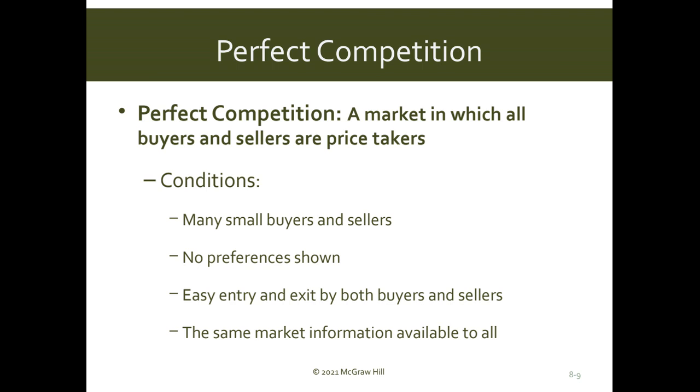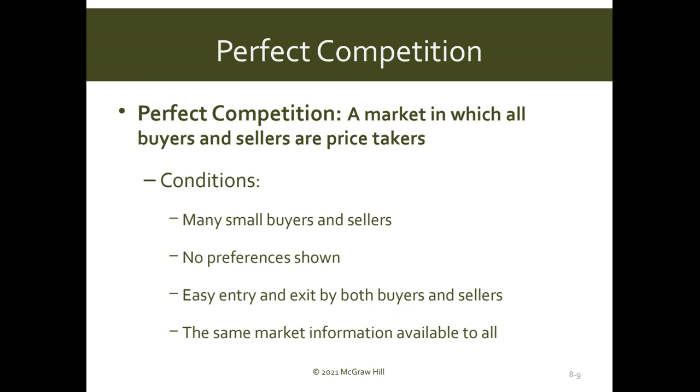You can exit from the industry, you can enter the industry. But next time I'm not going to explain this, right? Just easy entry and exit. Monopolistically competitive market structure, or monopolistic competition: large number of firms, differentiated products, easy entry and exit.